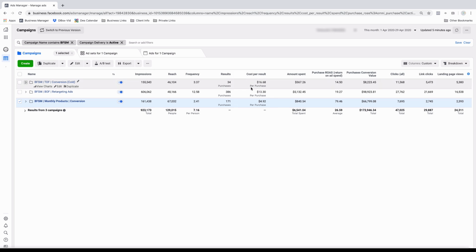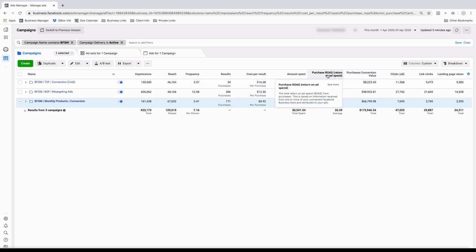I need to establish whether I'm happy with that $16 per purchase. Now, if I'm only selling $4 products, $16 per purchase is pretty expensive. However, if I'm selling $2,000 products at $16 a purchase, that's amazing. What I really need to be doing is not just looking at my cost per purchase, but looking at my return on ad spend.